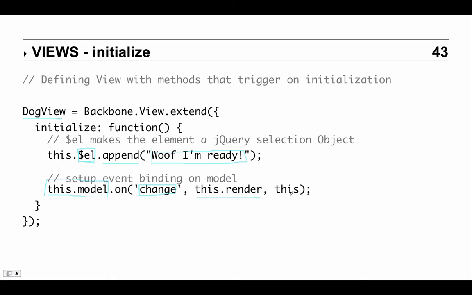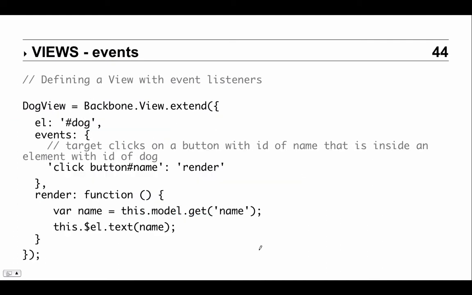And as a third argument here, we're able to pass in the context for what this should point to. So in the case of rendering, we're calling it from the context of this, meaning this instance of the dog view.